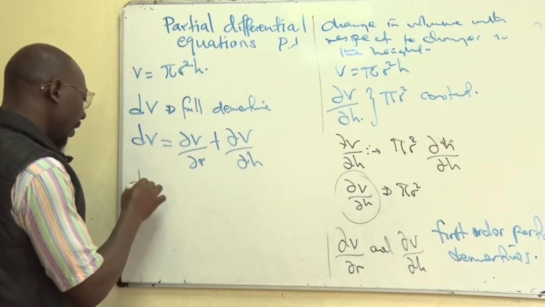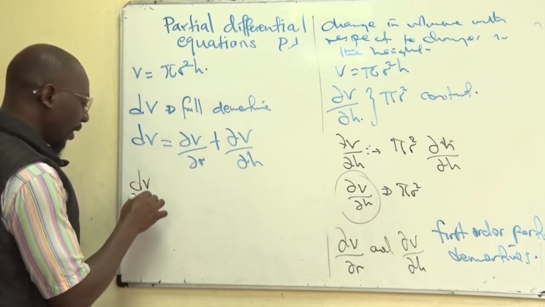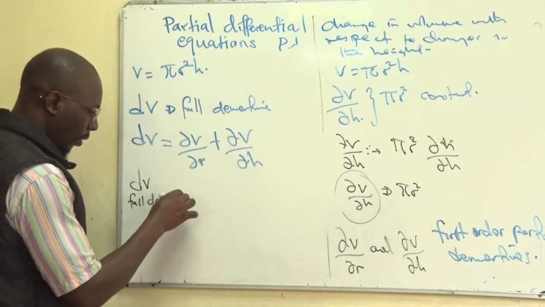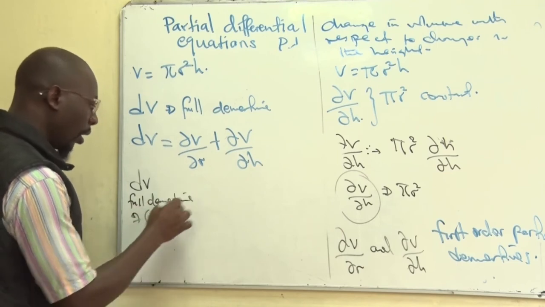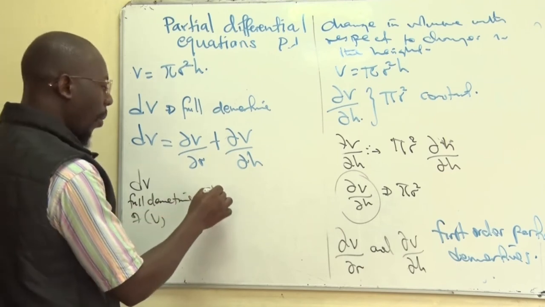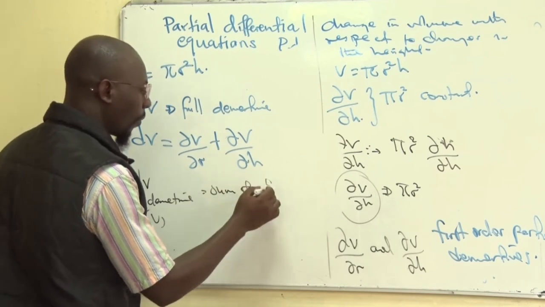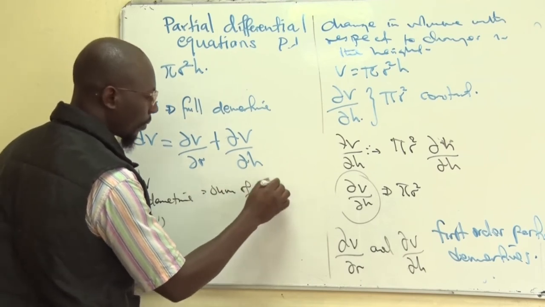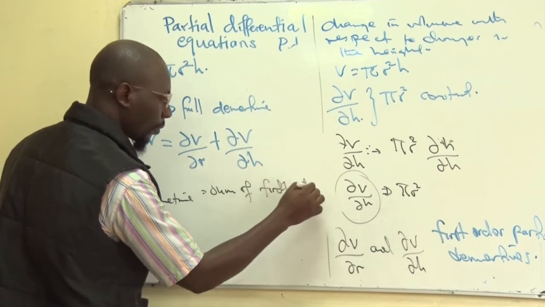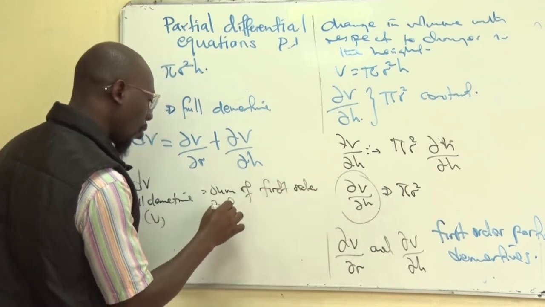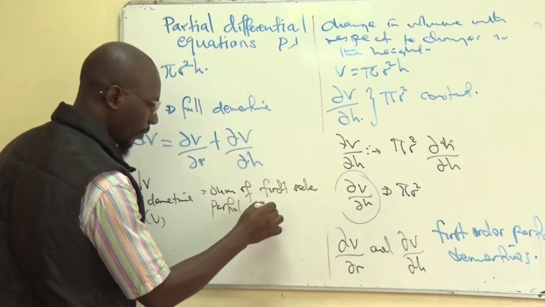So the full derivative of v is given by the sum of first order partial derivatives.